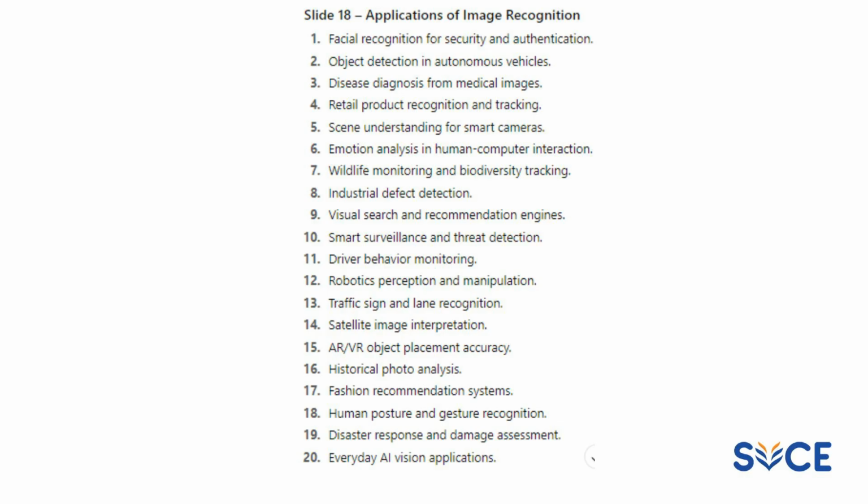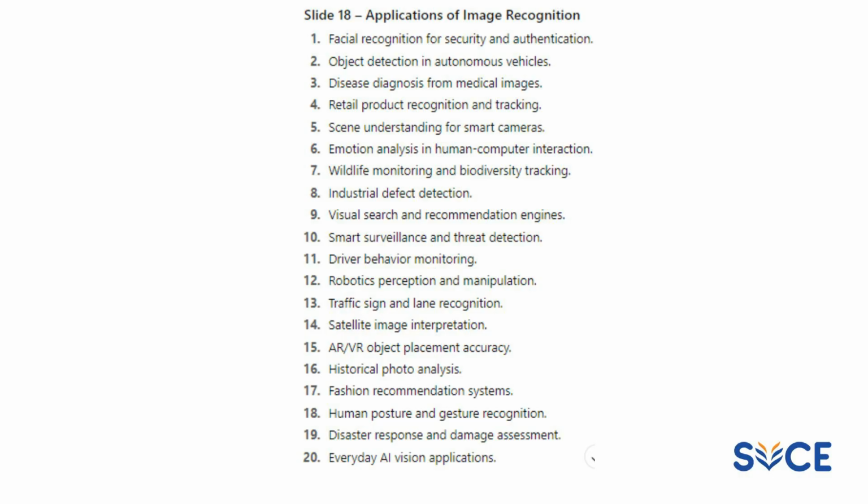Some of the applications are in healthcare, security and surveillance, autonomous vehicles, retail and e-commerce, as well as agriculture. In manufacturing and quality control, it is used for defect detection, automation, sorting and classification. It is also used in entertainment and social media sites, and in document and text recognition.